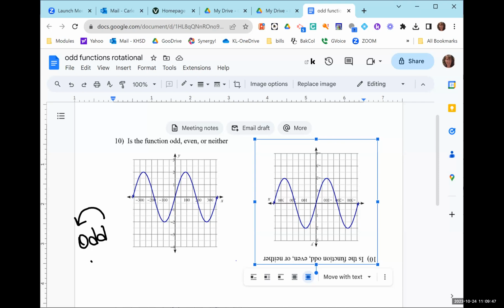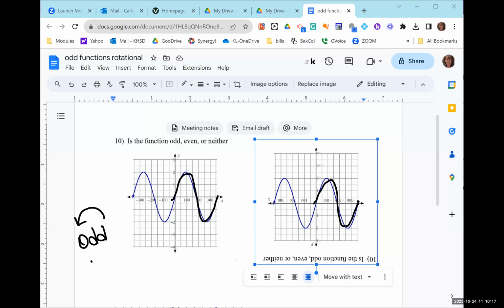The function looks the same. So if you take your paper and rotate it upside down, can you see that the new one looks like the old one? Do you see it? So if it does that, it means it's odd. If it has 180 degrees rotational symmetry, then yes, it's odd.